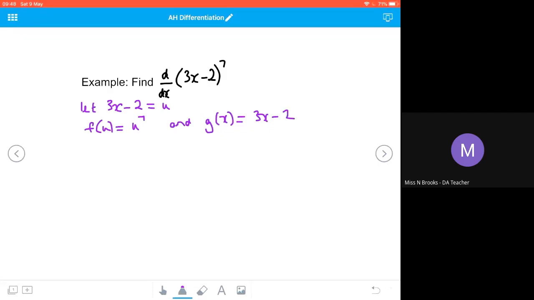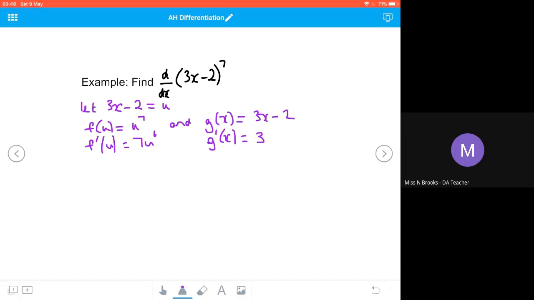So now we want to differentiate both of these functions. So we're going to work out the derivative of f with respect to u, and that is 7u to the power of 6. And we're going to say that g dash x, and the 3x becomes 3, and the minus 2 is our constant term, and the derivative of that will be 0.